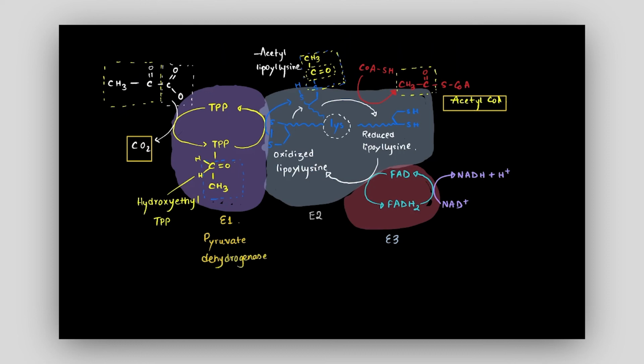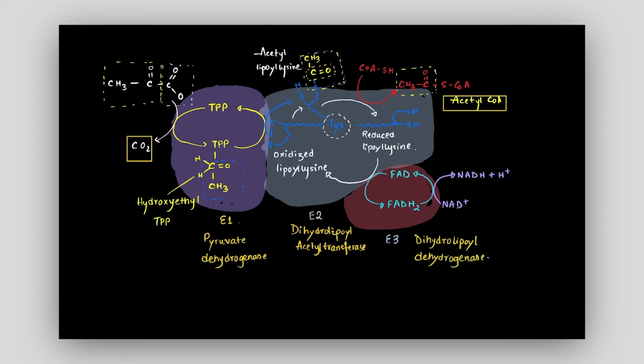The E2 is called the dihydrolipoyl acetyl transferase. The E3 is called the dihydrolipoyl dehydrogenase.